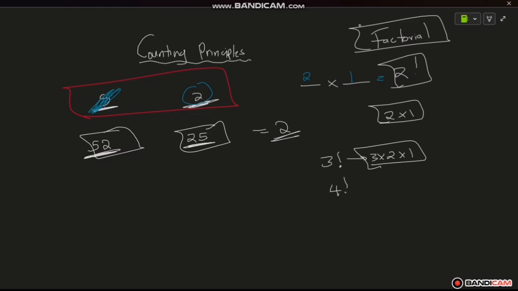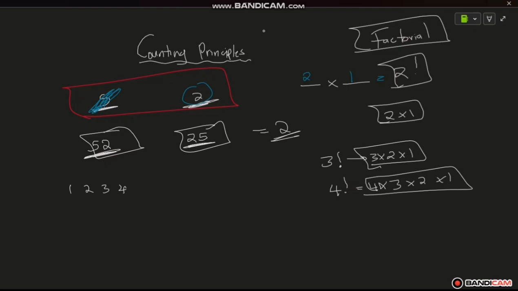So we have 4 factorial. 4 factorial, it's 4 times 3 times 2 times 1. I hope it makes sense. So it makes us able to calculate our arrangements easily. So this is known as a factorial. I hope it makes sense. It's not an exclamation mark. Remember, this is not English. All right. I hope it made sense.